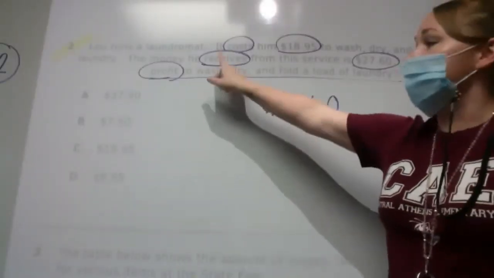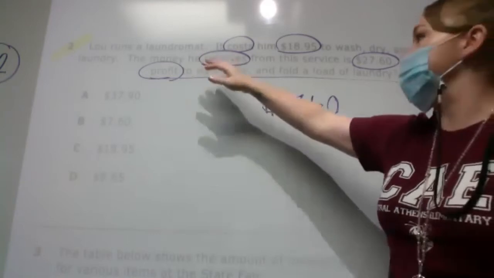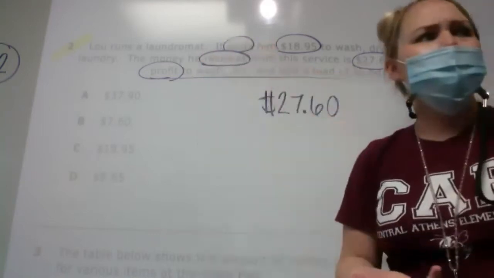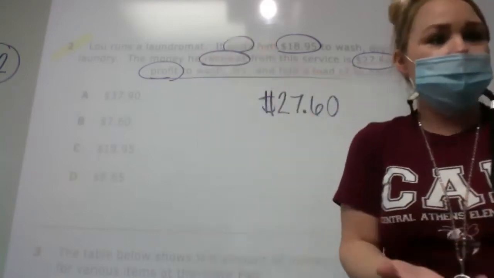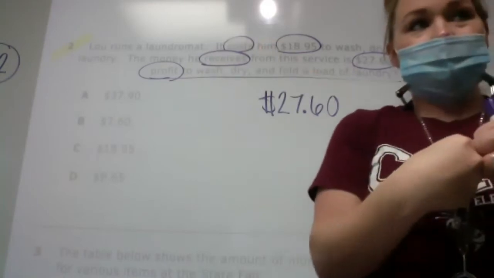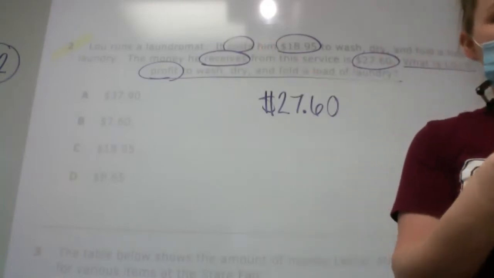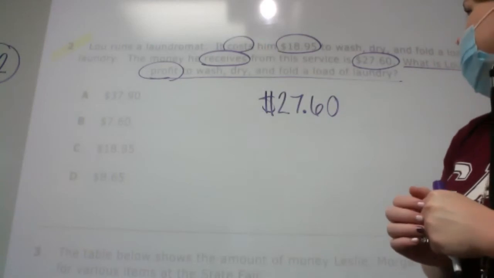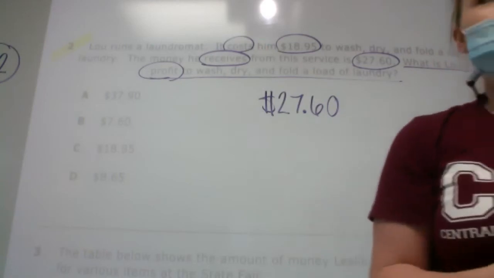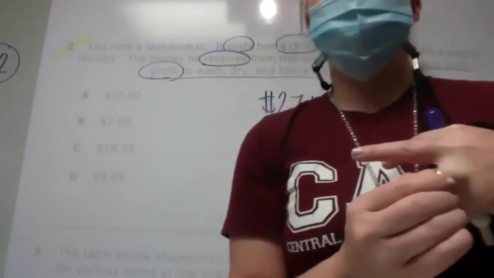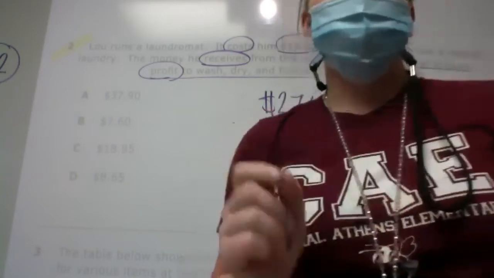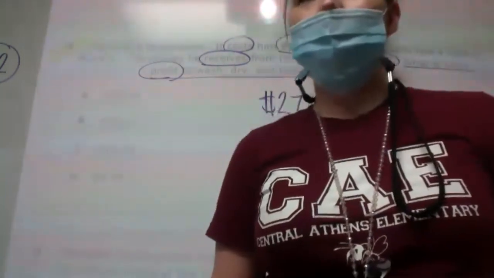So here it doesn't say his income is, it says he receives. So you need to know that income means money you receive, money you get, money that comes to you. All right, let's see, what is our costs or our expenses? Let's see, Jaylene, what are the expenses? How much does it cost him?